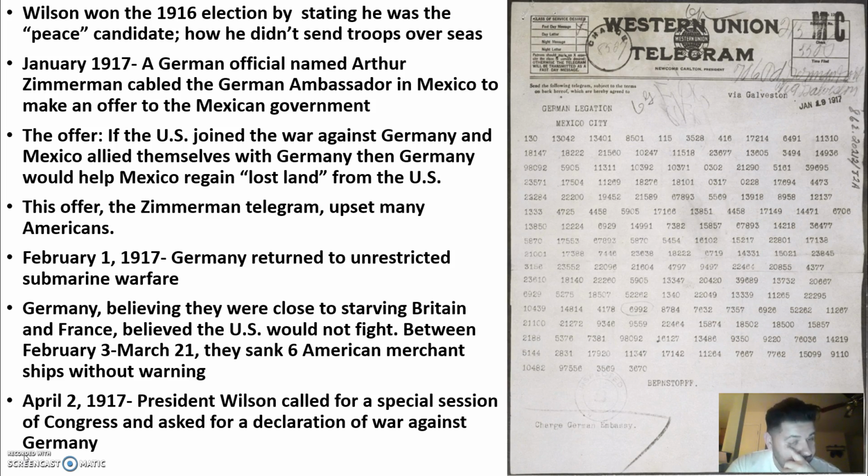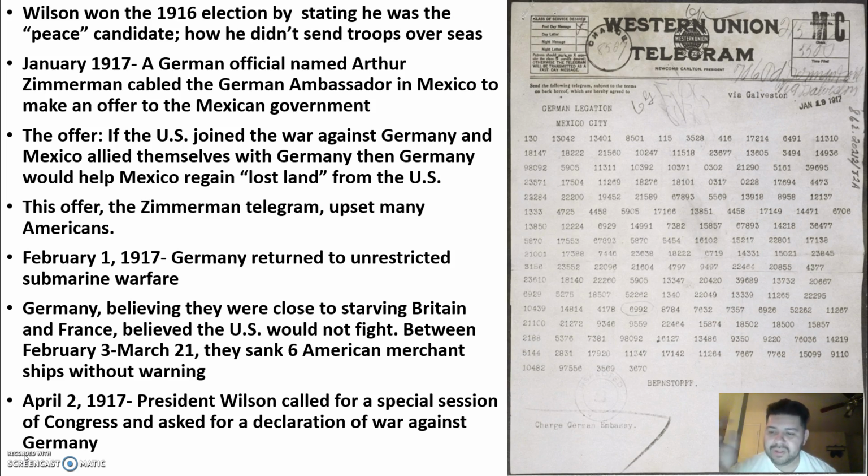Now, this telegram really ticks off a lot of Americans. And on February 1st, 1917, Germany returns to unrestricted submarine warfare. Now they're going after ship after ship after ship, because they feel the Americans are not going to do anything, so they can do what they want.